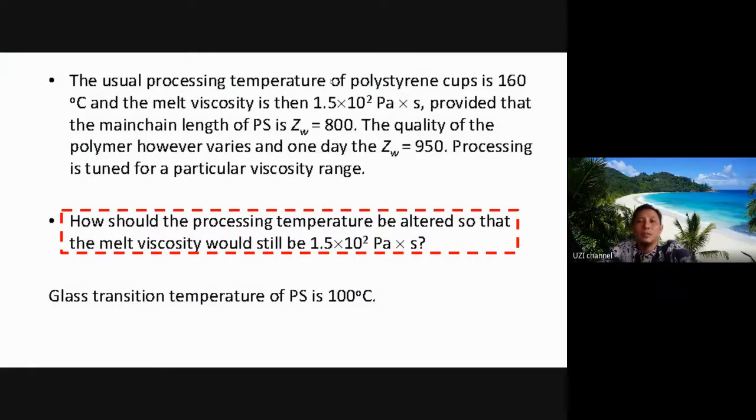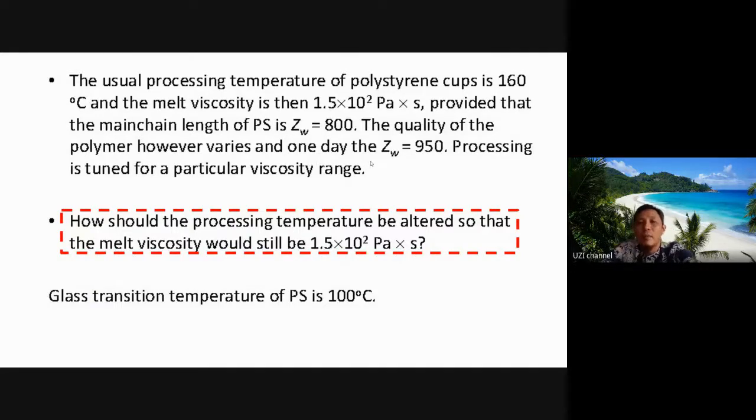The usual processing temperature of a polystyrene cup is 160 degrees C, and the melt viscosity is 1.5 times 10 to the power 2 Pascal second, provided that the main chain length is 800. The quality of the polymer, however, varies.